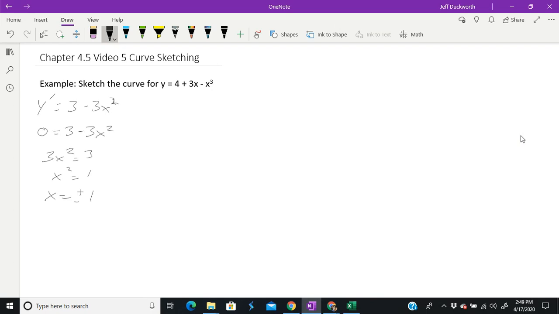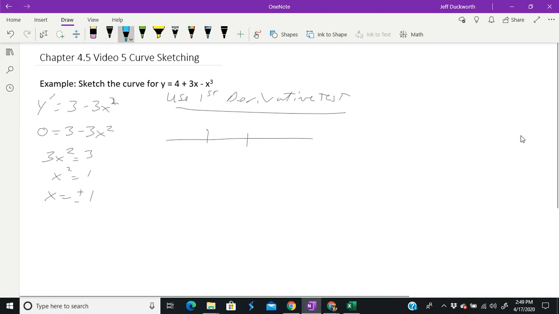We use the first derivative test here. I'm going to use this number line, going from -1 and 1 as my two key points.